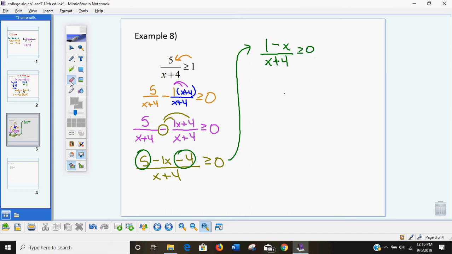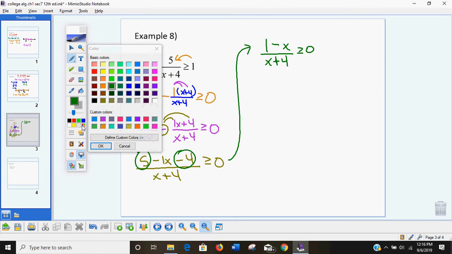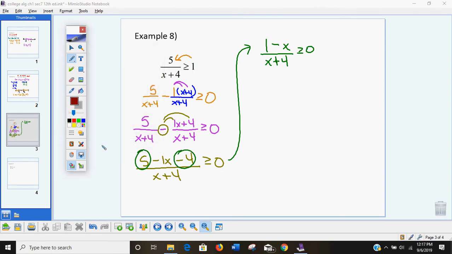Now, once I have everything on one side, I have my fraction. What you do is you take the numerator and the denominator, and you set them both equal to 0 to get your numbers on the number line. So I'm going to say 1 minus x equals 0, and x plus 4 equals 0.